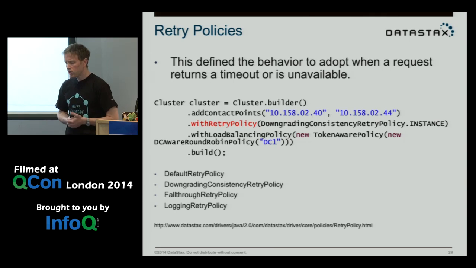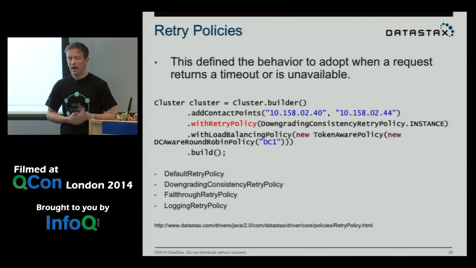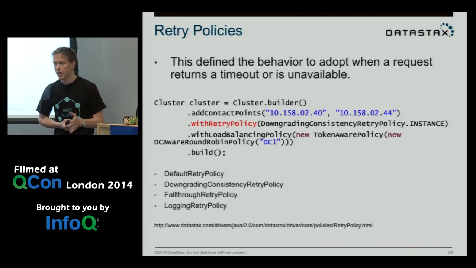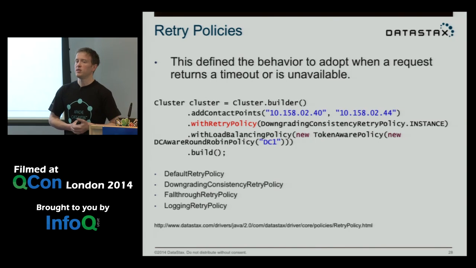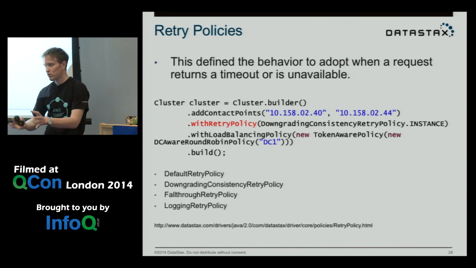But retry policies are quite important to understand what you're doing there. You're retrying on failure, so something has gone wrong. Hence, you're doing this. This isn't like I'm load balancing. This isn't saying I'm going to be routing requests where it's efficient.